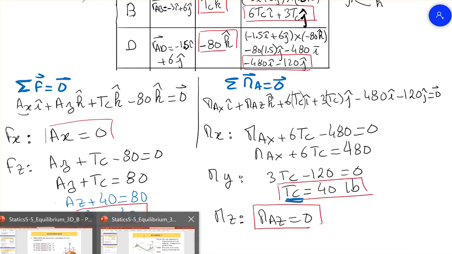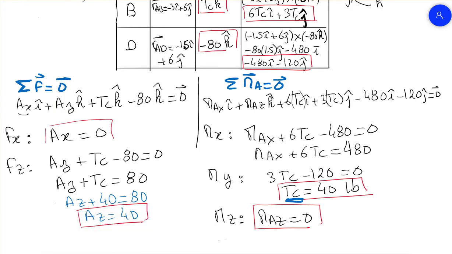Okay, and last step. Now we can go to this one. So MAX is equal to 480 minus 6 times TC, that is 40. How much is that? 240?